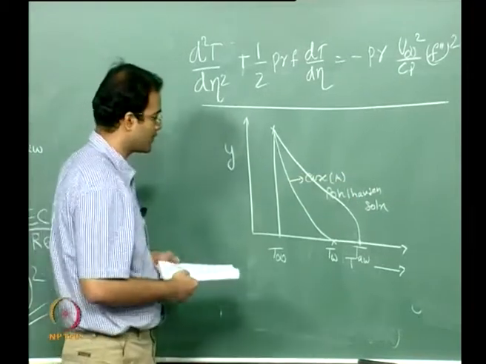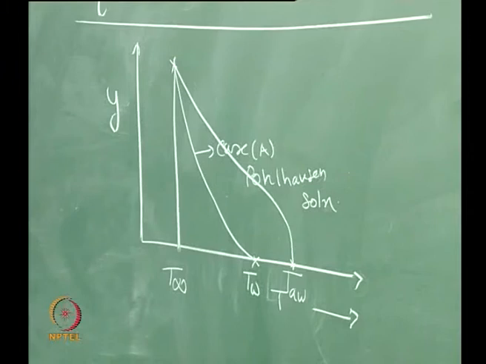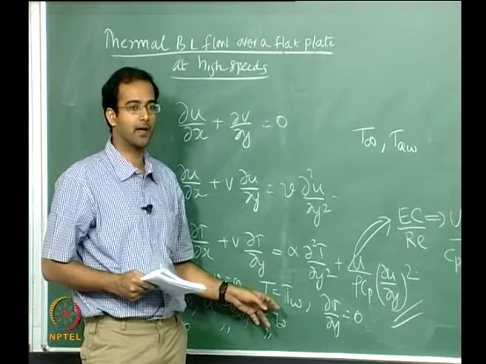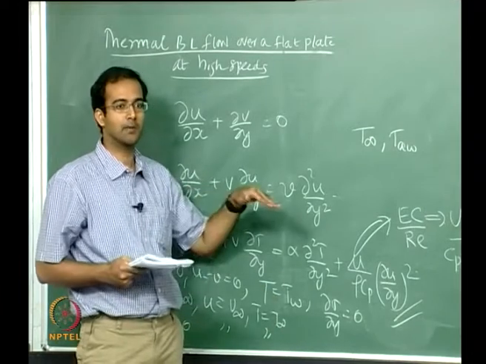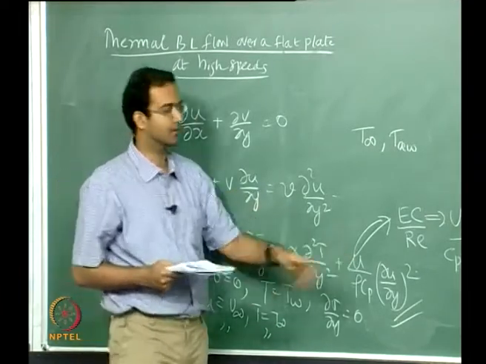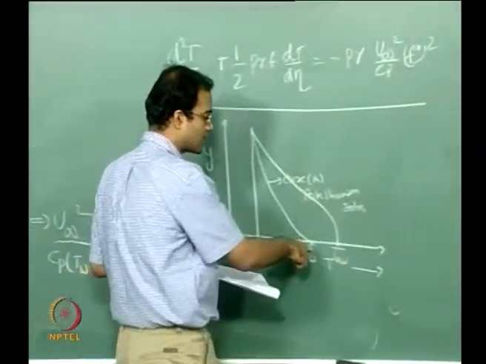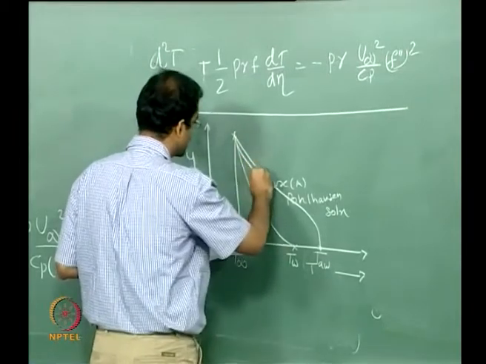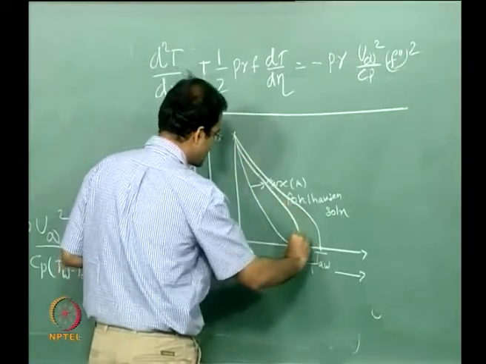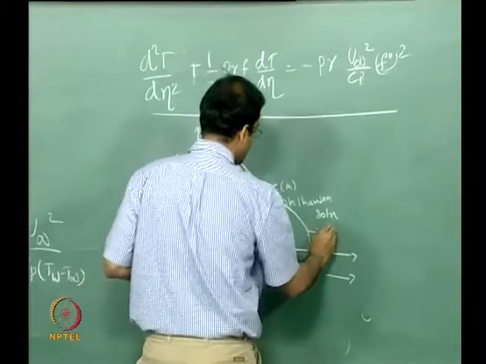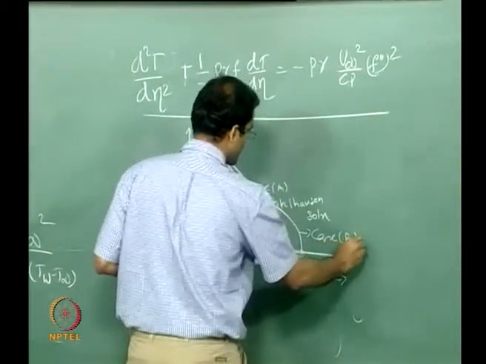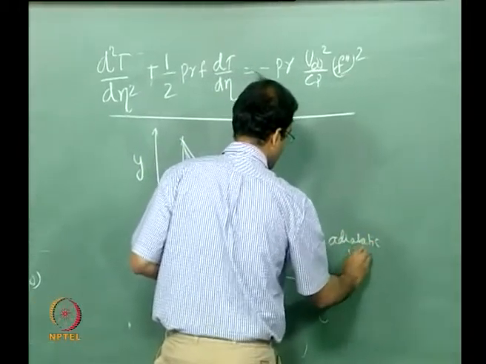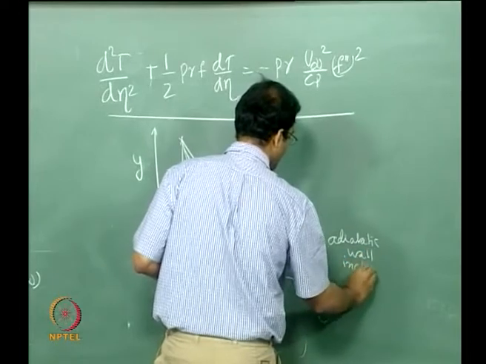Now the combined case that we are looking at here has both solutions, which you can linearly combine. You have a constant wall temperature but also viscous dissipation, so it has to forcibly return to the wall temperature, which is a boundary condition, but it will go through a process something like this. So this is your case B, the adiabatic wall including viscous dissipation.